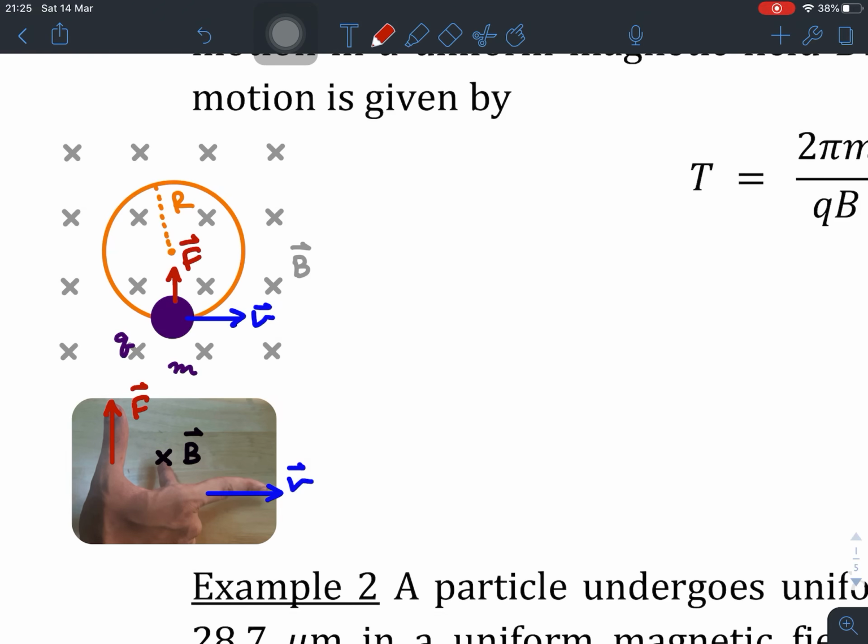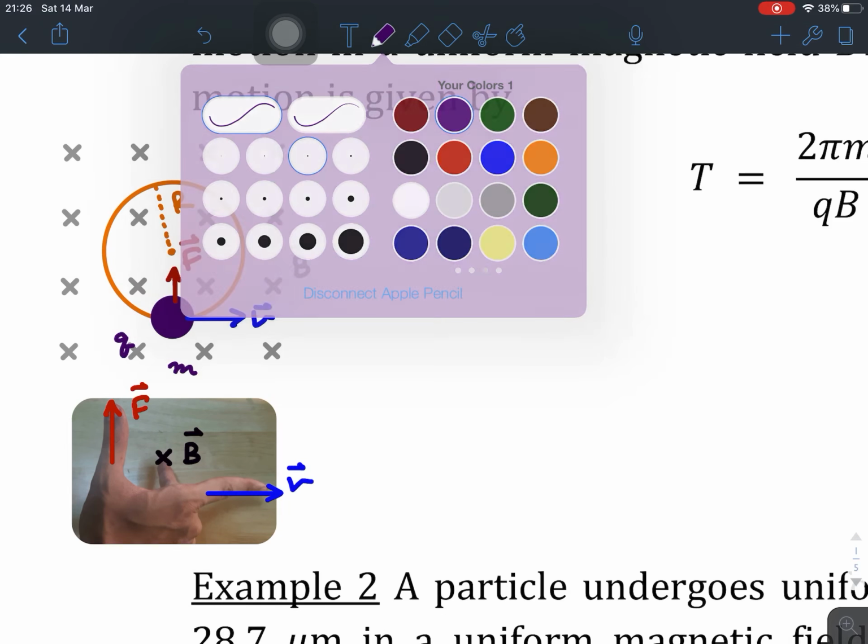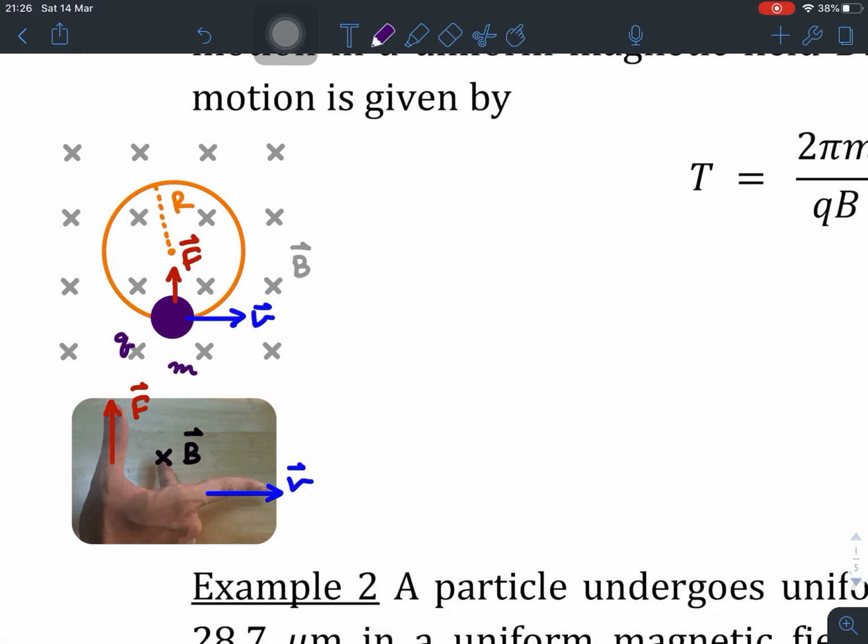When the force is pointing into the center of the circle, your charge will be making a circular motion. So we can write down the relationship: the force from the magnetic field will be the centripetal force.